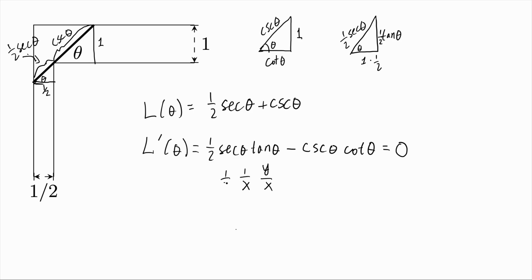So you have 1/2 times that, minus, and cosecant is 1 over sine or 1 over y, and cotangent is x over y, equaling 0.